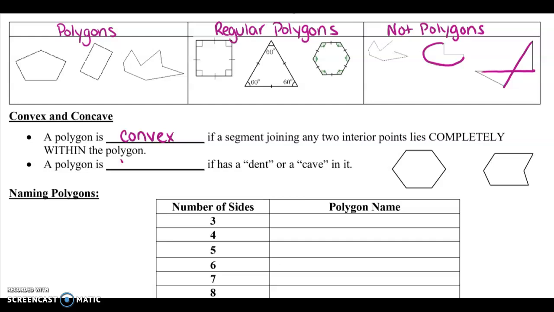A polygon is concave, hence the word cave, if it has a dent or cave in it. So that would be like right here. If I was to connect these 2 points right there, I would have a little bit of a cave in there. So that would be a concave polygon.